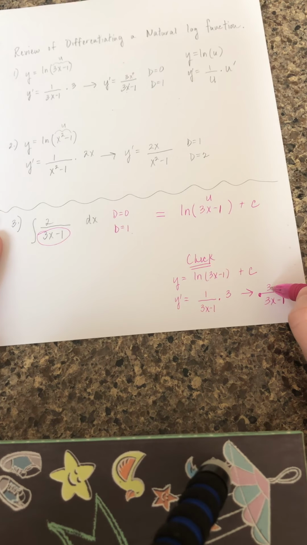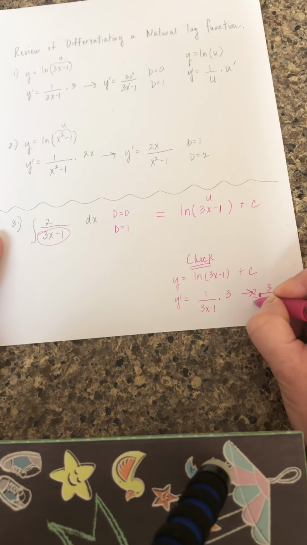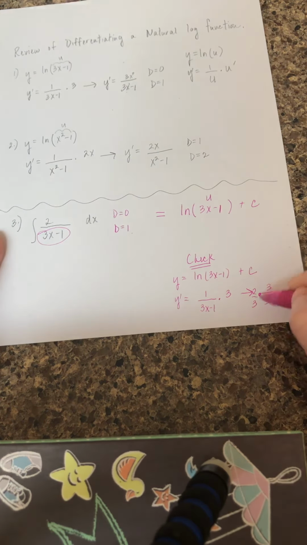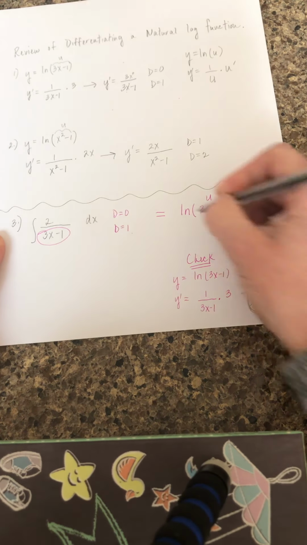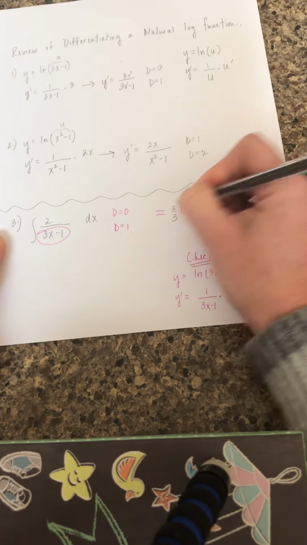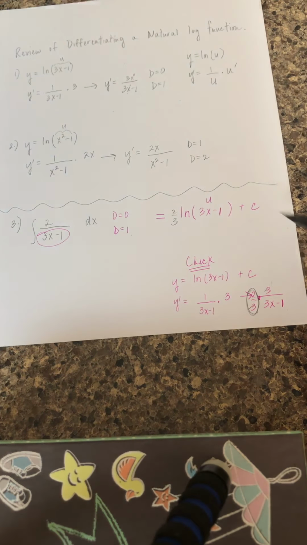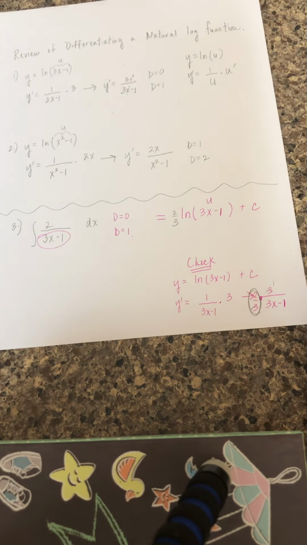We want this 3 to go away and become a 2. So check it out. How about if we actually multiply by 2/3? Wouldn't that be the case, right? The 3's would sort of cross-reduce down, and then you would be left with 2 over 3x minus 1. That's the number that our original educated guess was off by of our antiderivative.